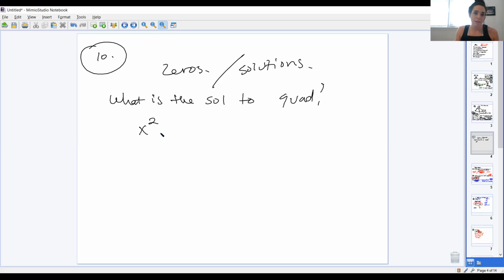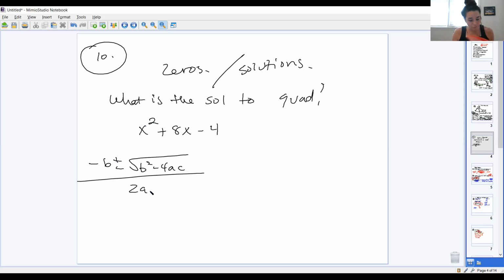And the quadratic that we're going to pick is, now remember, the quadratic formula is this. Okay.